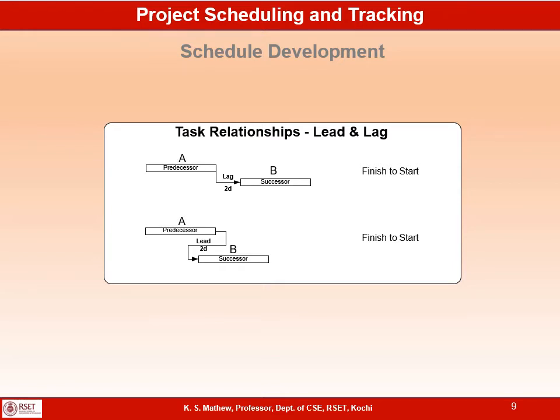But after completing the concreting of the ground floor, you cannot immediately start the brickwork of the first floor. You need to give some time for curing the concrete, for example, 1 week or 10 days, before you can start the brickwork of the first floor, which can be represented using a lag.